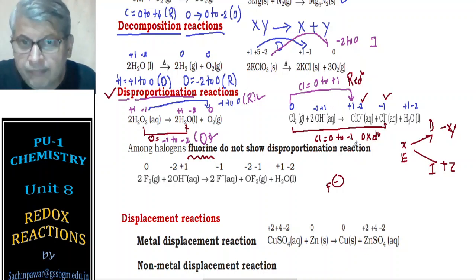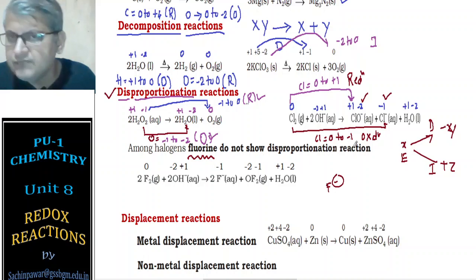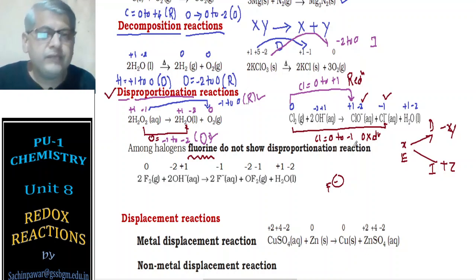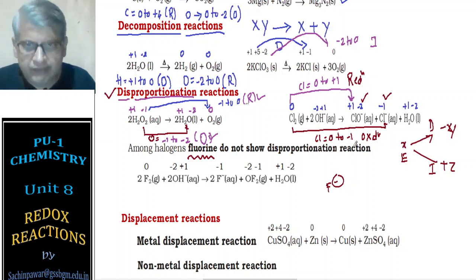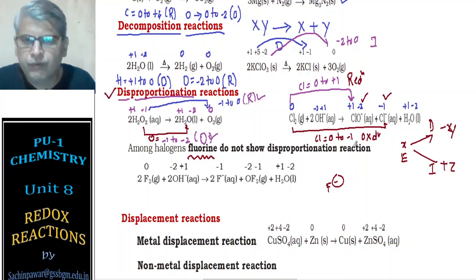Fluorine is the most electronegative element in the periodic table, so its oxidation number cannot split into a positive and a negative one, because it will always be -1. It can't be positive because it is the most electronegative. I'll come back to this in the last part of this video.